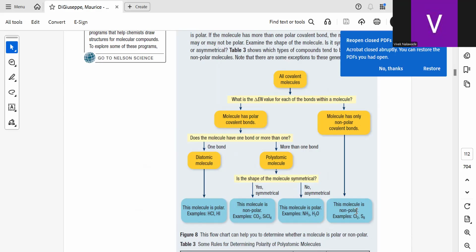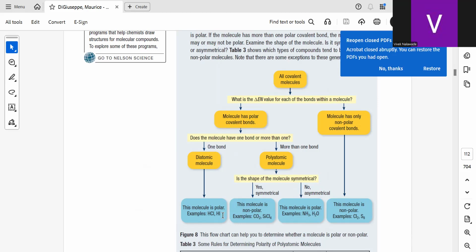If the molecule has polar covalent bonds, we check whether the molecule is diatomic or polyatomic. If it is diatomic, straight away the molecule is polar. If it is polar, there is only dipole-dipole or hydrogen bonding. If it is HCl, HI, it is dipole-dipole. But if it is HF, then it is hydrogen bonding.